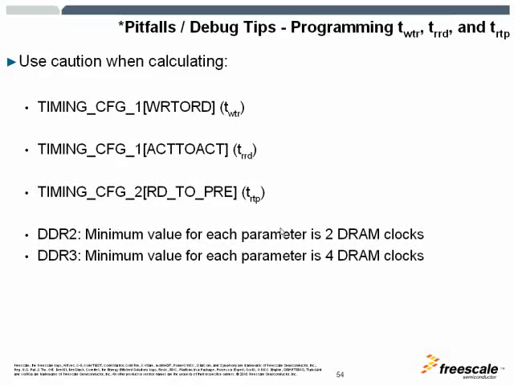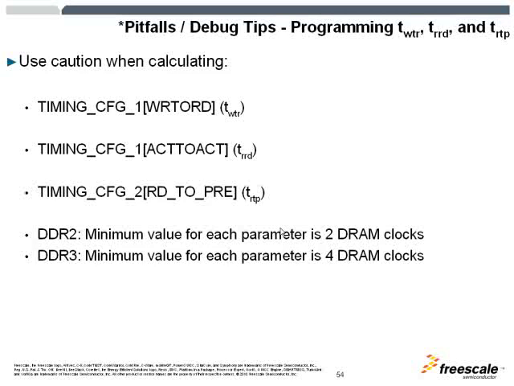There are timing parameters and settings in the DRAM memory controller where there is a minimum value for each of these parameters defined by JEDEC. Based on your SPD value and dividing it by your clock period, you may come up with a number of clock cycles that is less than 2 or 4, depending on whether you are using DDR2 or DDR3.